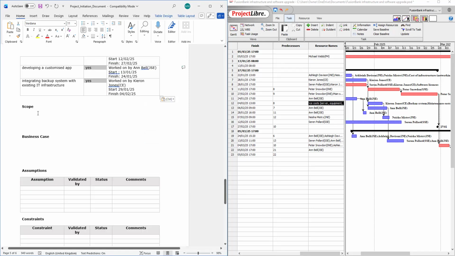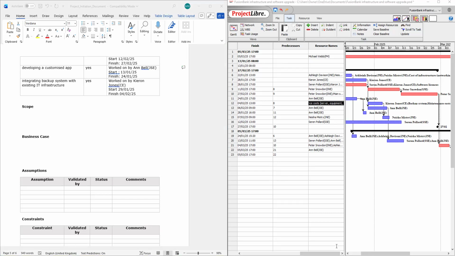Now, let's look at the scope. The scope of the project. What is the scope of a project? The scope of the project is what we have been doing. All right, so the scope of a project should be a very small summary. The scope of the project includes upgrading Fusion Bank. Scope is broad.